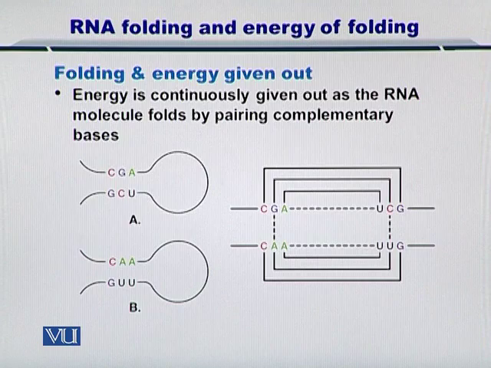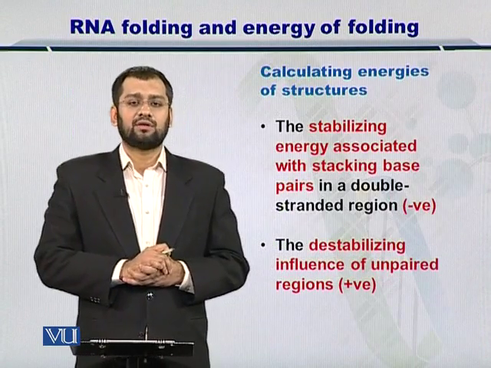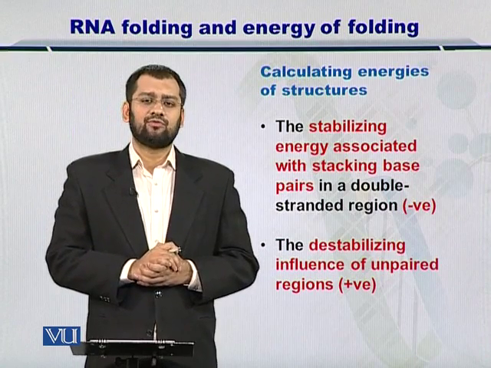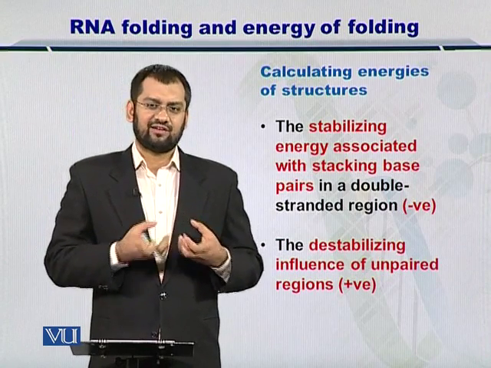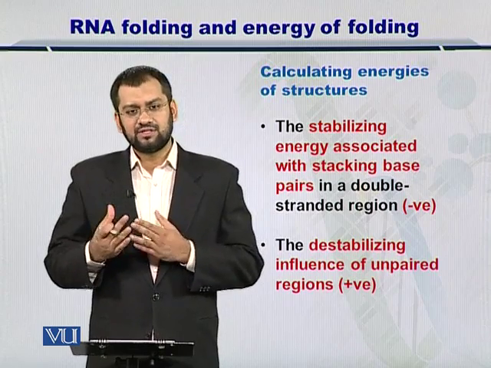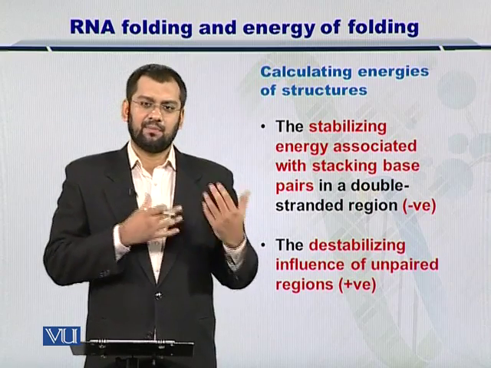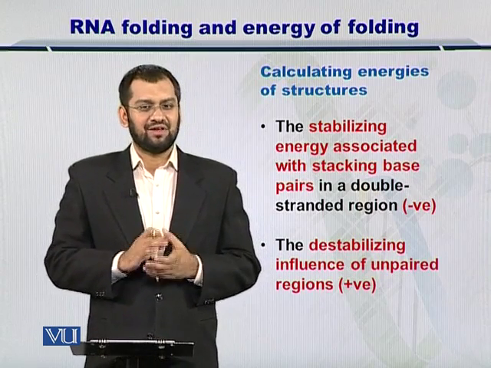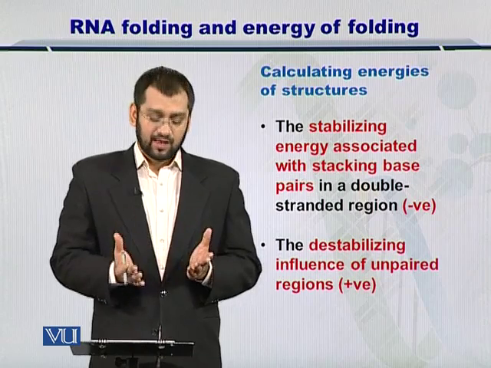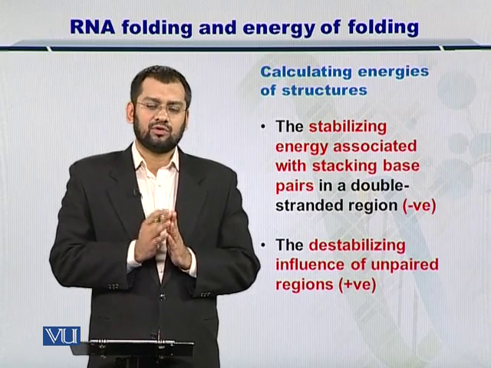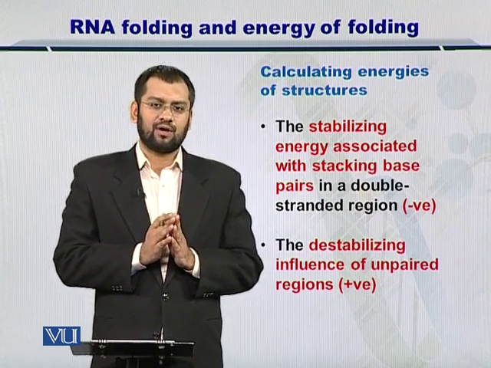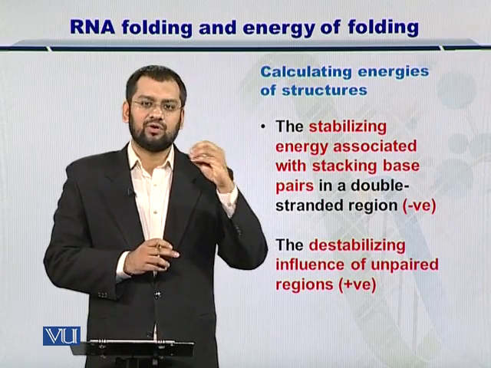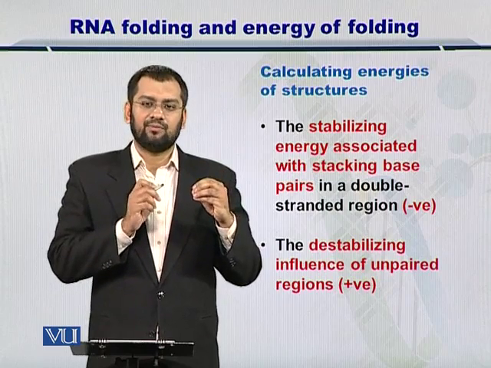Okay, so moving on, how do you calculate the energy of an RNA structure? For that, you have to segregate the good energy, the stability energy, and the bad energy, right? So essentially, energy is a scalar, and there is no good and bad. But if the RNA nucleotides come together and form a hydrogen bond, some energy is given out. So we call this the good energy with a negative value.